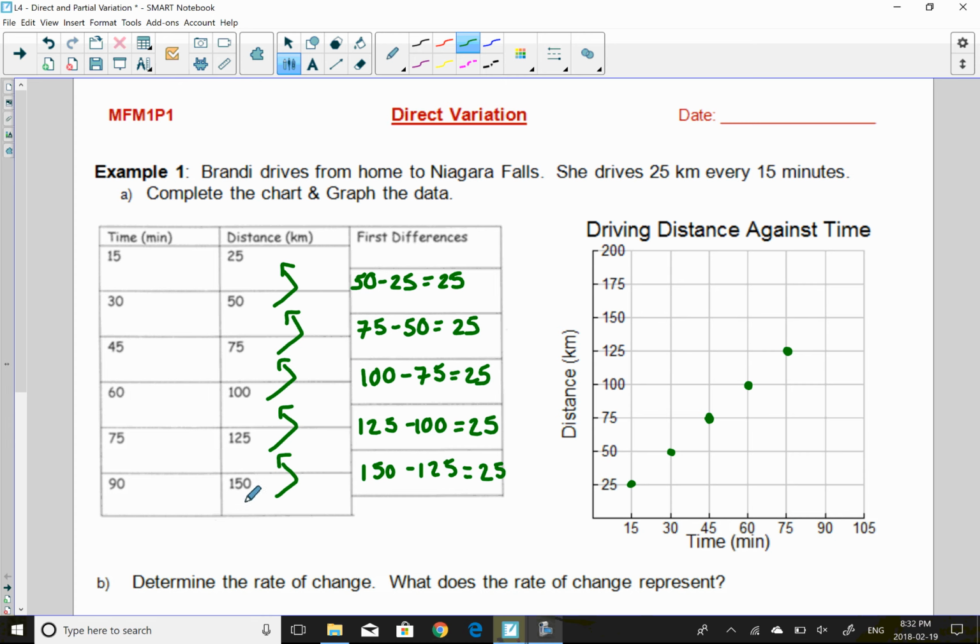When time is 90, distance is 150. Okay, so here we notice all the points line up nicely, and my line of best fit goes through it. A nice line with all the points on the line.